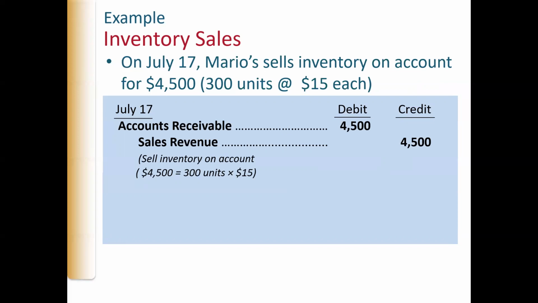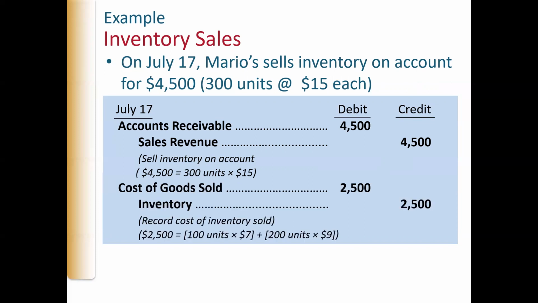And then after that, we also have to take into account the cost of goods sold that are no longer in inventory, that have gone to cost of goods sold. We debit that for $2,500 and we reduce our inventory for $2,500.